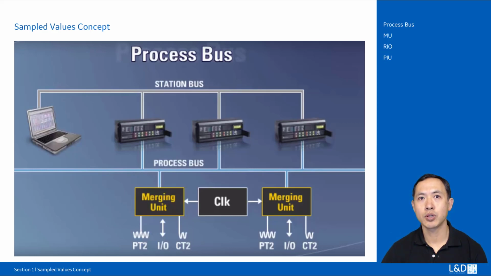RIO publish equipment status in GOOSE messages. Merging units convert AC current and voltage signals to digital sampled values with a timestamp.